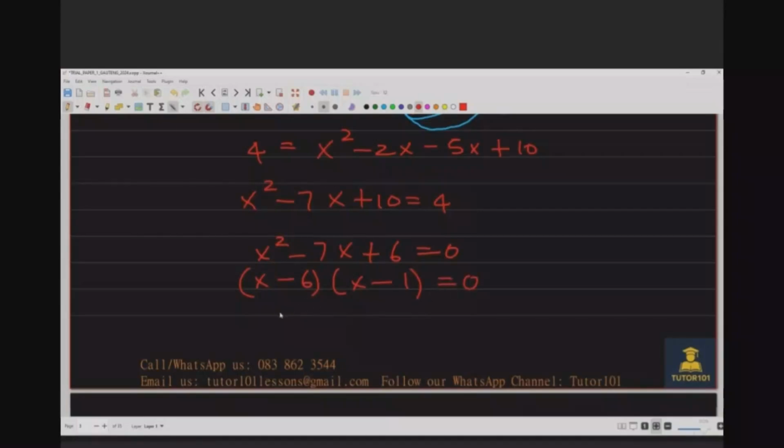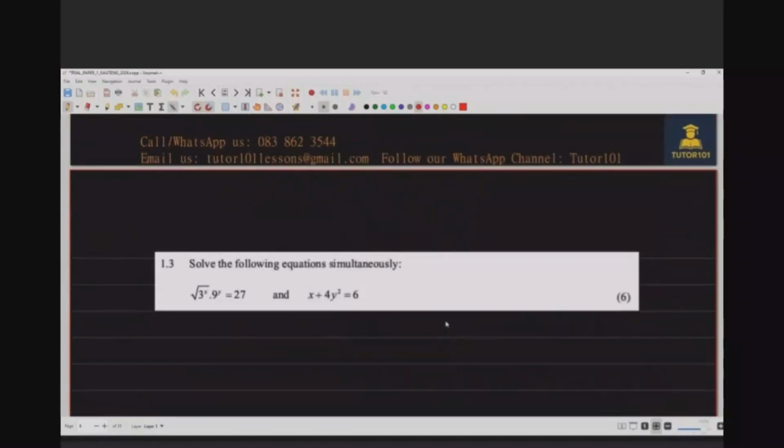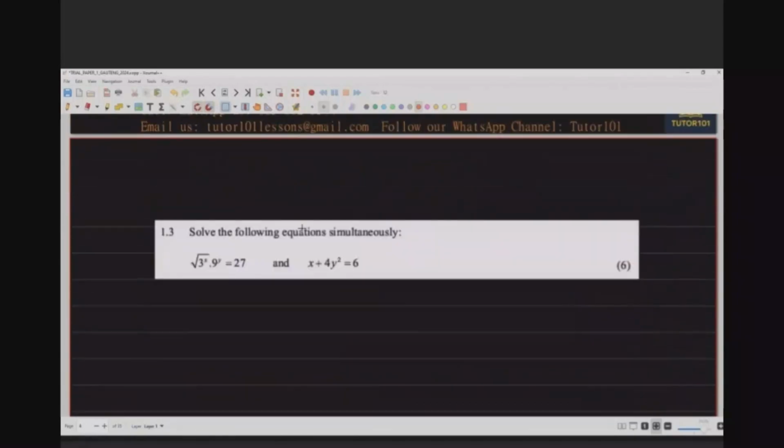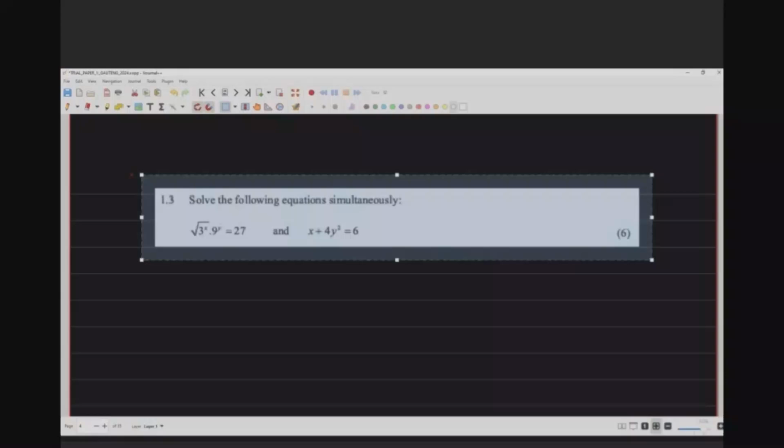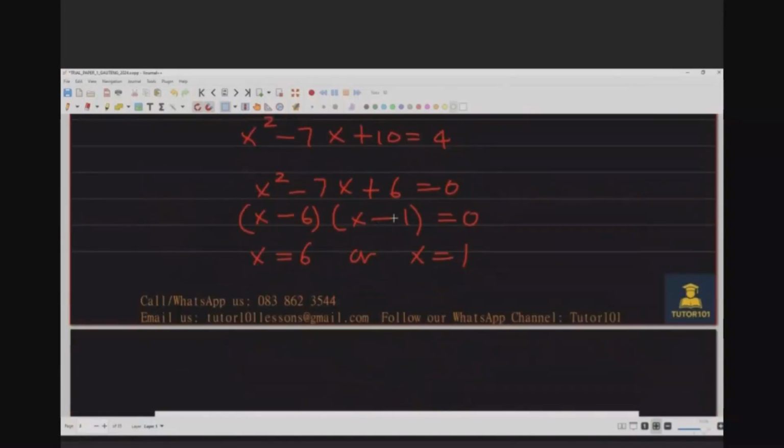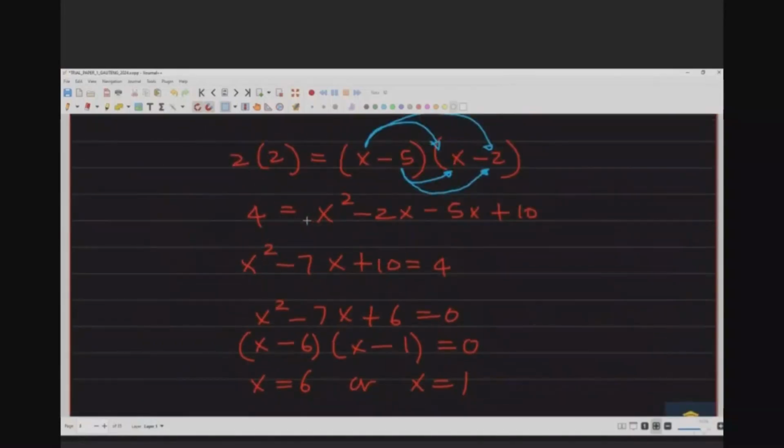All right, so here that implies that our x is equal to 6 or x is equal to 1. So that's the final answer here.